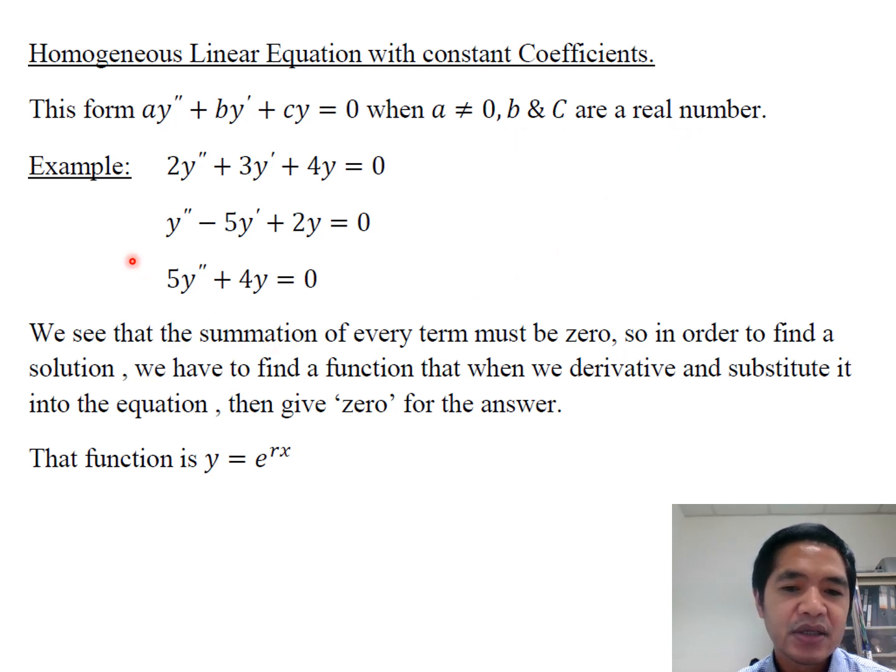These are examples of linear second ODE. For example, y double prime plus 3y prime plus 4y equal to 0. Because g(x) equals 0 here, it's a homogeneous equation. And this one is y double prime minus 5y prime plus 2y equal to 0. And 5y double prime plus 4y equal to 0. All these are homogeneous linear second order equations.